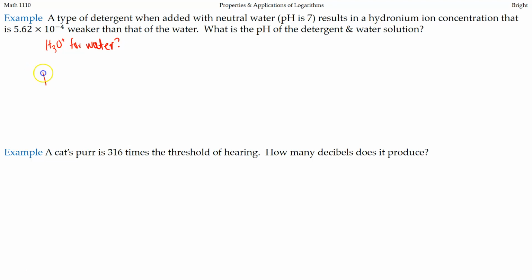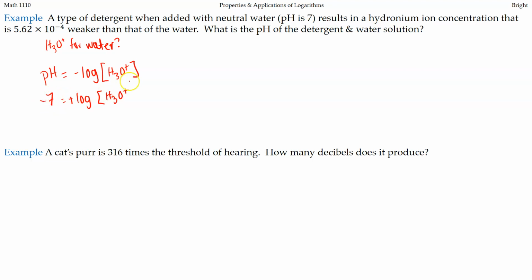That's where the formula pH is equal to negative log base 10 of the hydronium ion concentration comes in handy. If I know the pH for water is 7, I can say 7 is equal to negative log of H3O plus, so I change the signs over here.